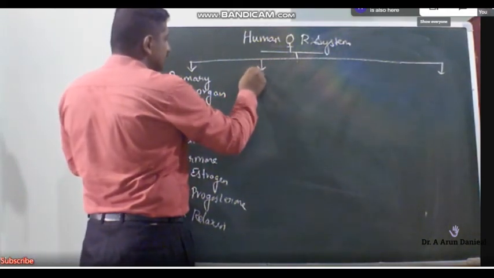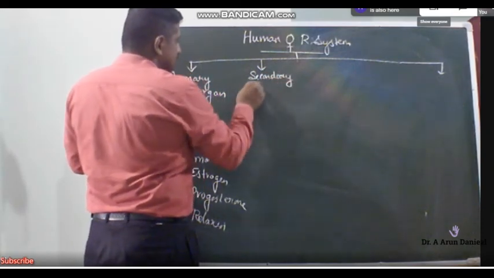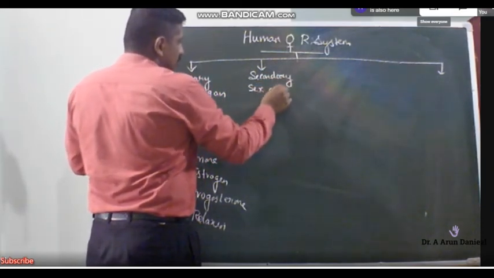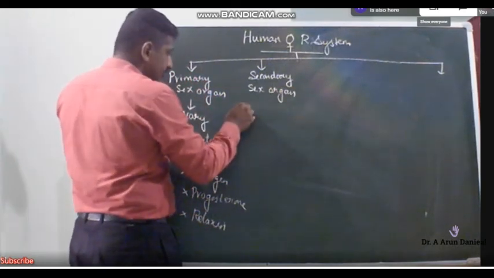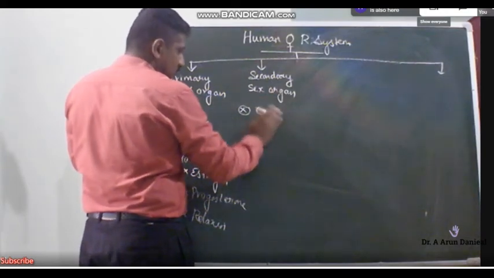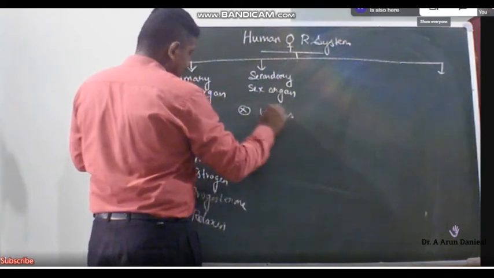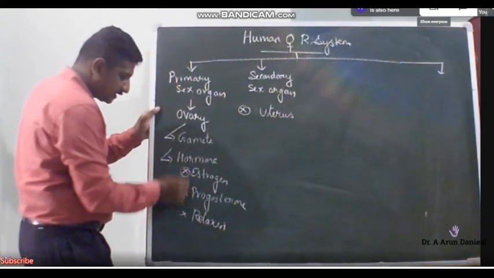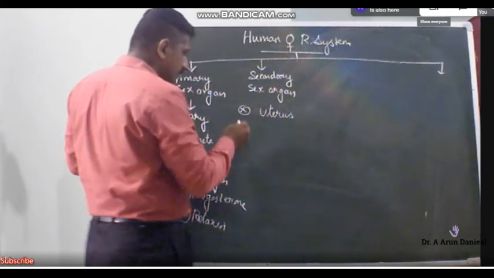Next we have the secondary sex organ, which includes a lot of parts. The first part included is the uterus, where we have three important layers: perimetrium, myometrium, and endometrium.